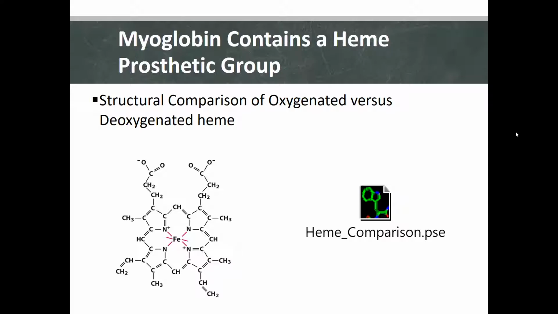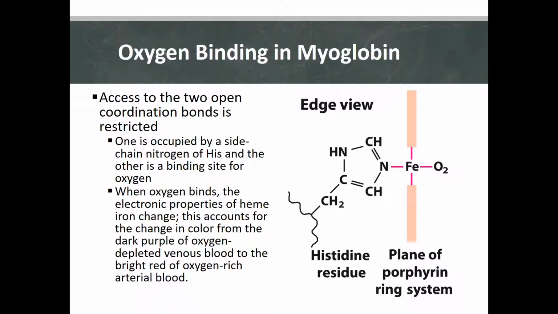Okay, let's get back to the slide and view this a different way. So here, what I want you to see is this is just a schematic of what we were just talking about. And what you're going to see is that the porphyrin ring system is shown in pink here. So this iron sits in the plane of that porphyrin ring.